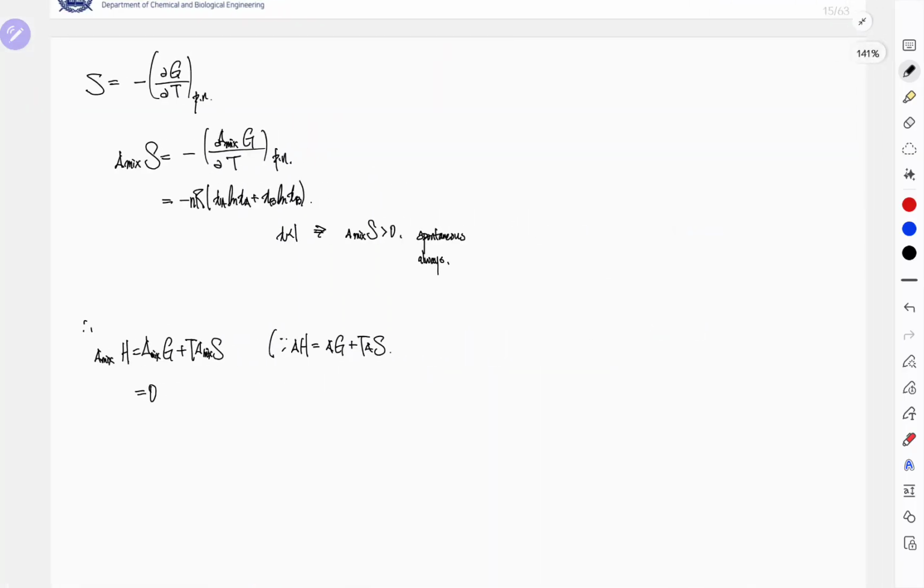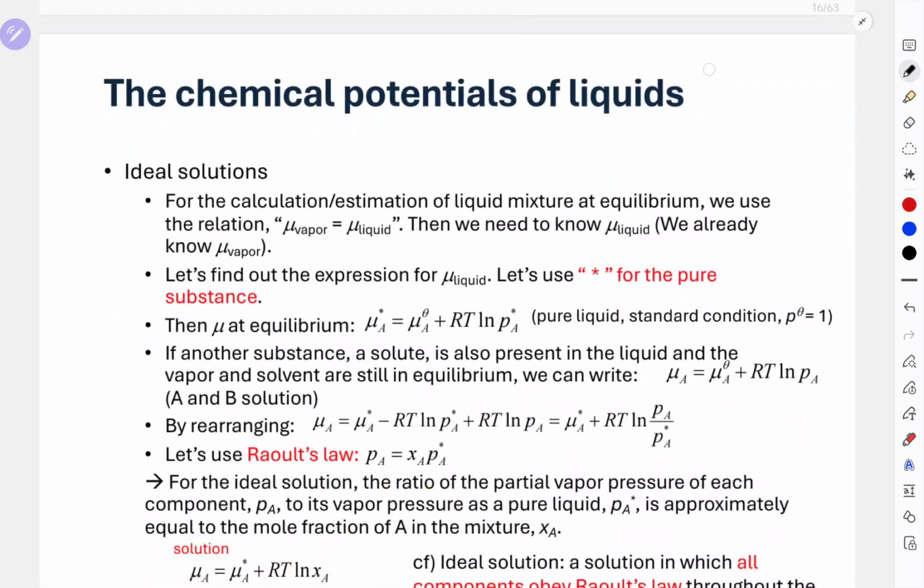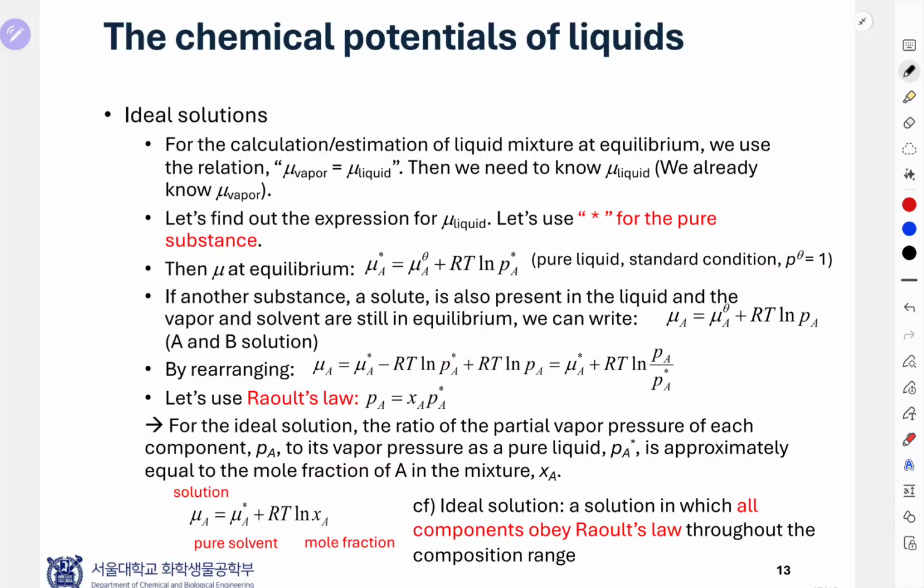Properties of a liquid mixture. It is necessary to know how the chemical potential of a liquid varies with the composition. So we are going to use the fact that at equilibrium, the chemical potential of vapor is equal to its chemical potential in the liquid.